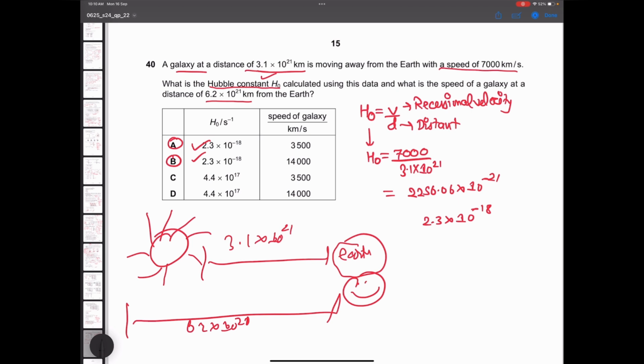Now we have to find the speed of the galaxy. Now in the second situation, we will again use H naught is equal to v by d. But now the galaxy is at a further distance, right? So H naught will be the one which we calculated, 2.3 into 10 to the power minus 18. Recessional velocity now we are trying to find. Distance is given for the particular situation, 6.2 into 10 to the power 21.